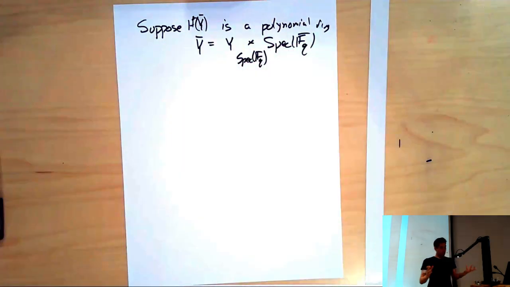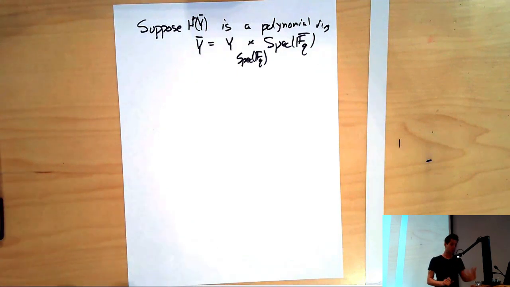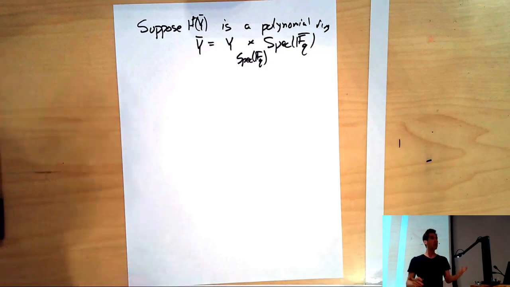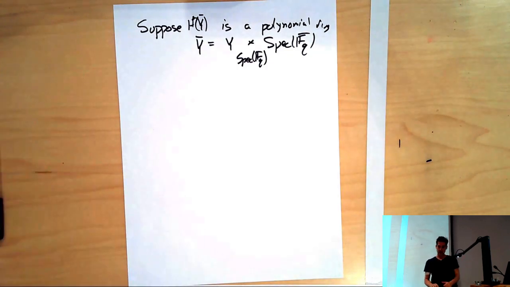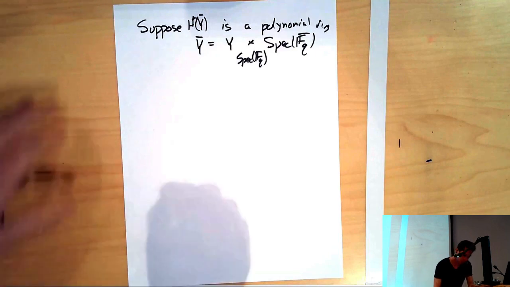In that case, y bar is equipped with this geometric Frobenius map, which induces an automorphism both on its L-adic cohomology and on its L-adic homotopy groups. And this pairing is equivariant with respect to the action of Frobenius.